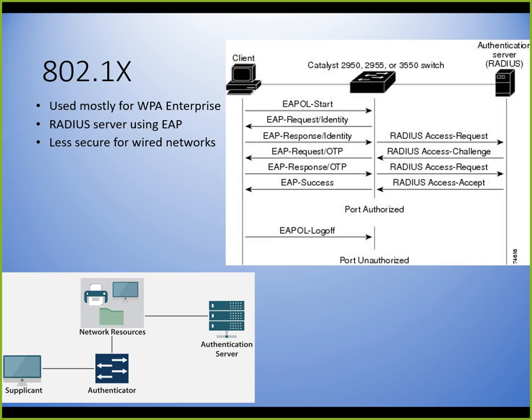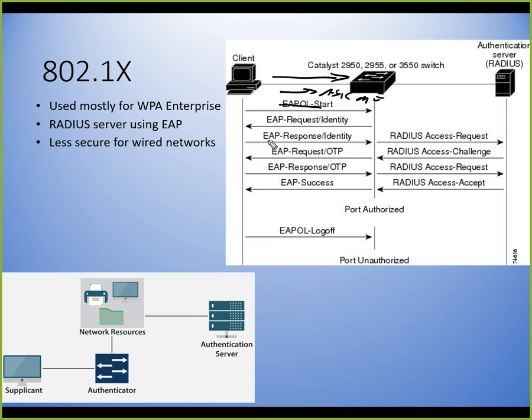What is happening here is the workstation is telling the device, hey, ask me for my credentials. That's what this start frame is. Ideally, when we connect, it's going to send us the request identity. If it doesn't, we say, hey, ask me for my information.